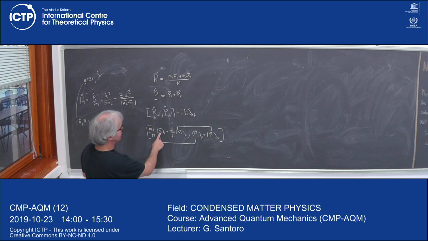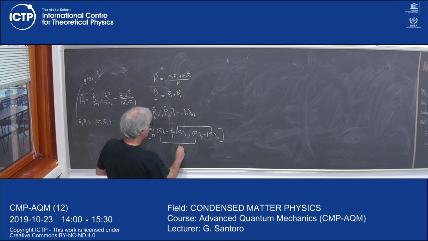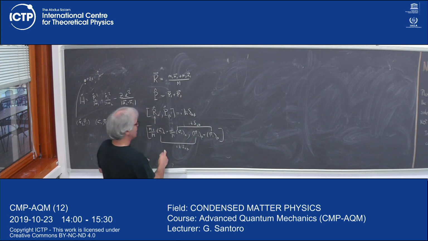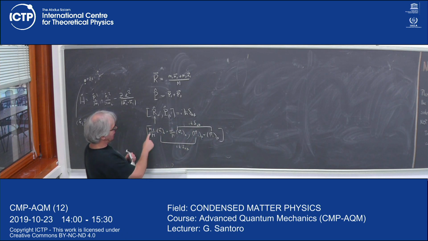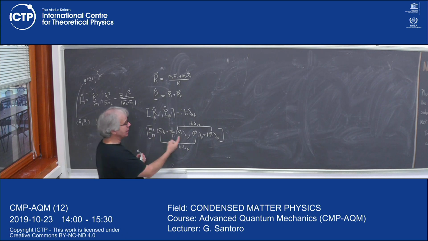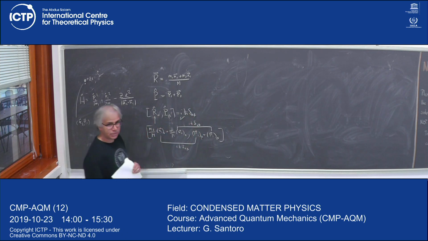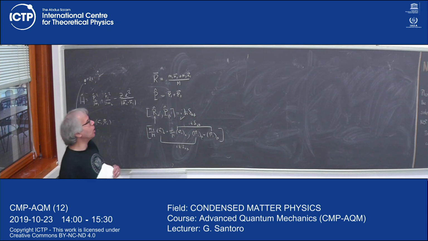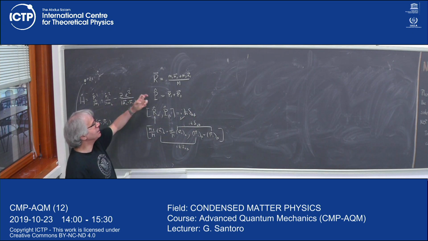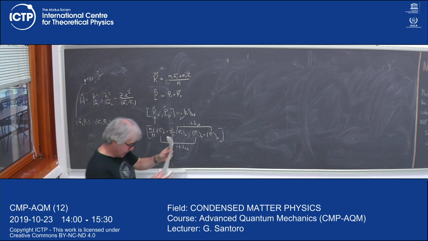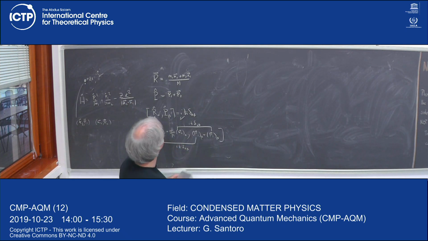And you realize that this gives you i h bar delta alpha beta, and this gives you i h bar delta alpha beta. You put the two things in common, m1 plus m2 is M, so this cancels, and therefore there comes the result. So these two objects, center of mass and total momentum, are quantum mechanically nicely canonically conjugate.